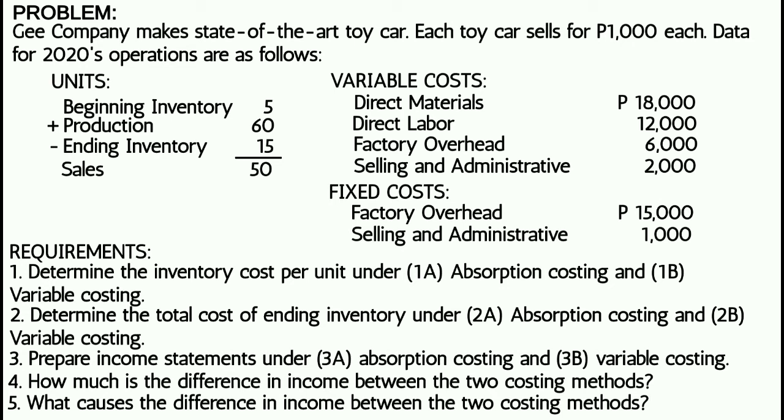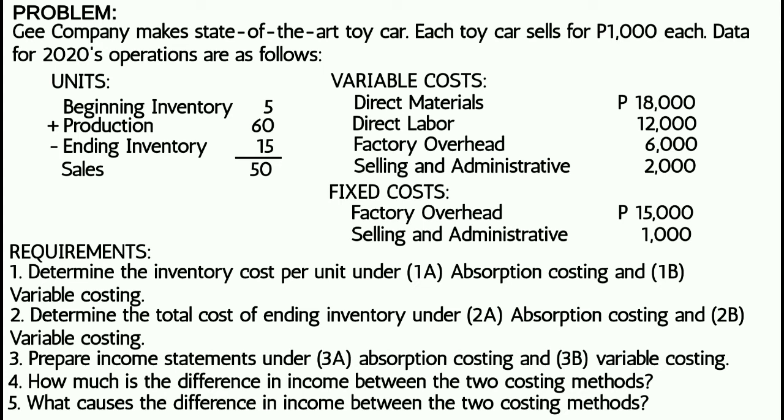Observe that the difference between production and sales matches the difference between the beginning inventory and ending inventory. 60 minus 50, that is equal to 10. 15 minus 5, that is equal to 10.